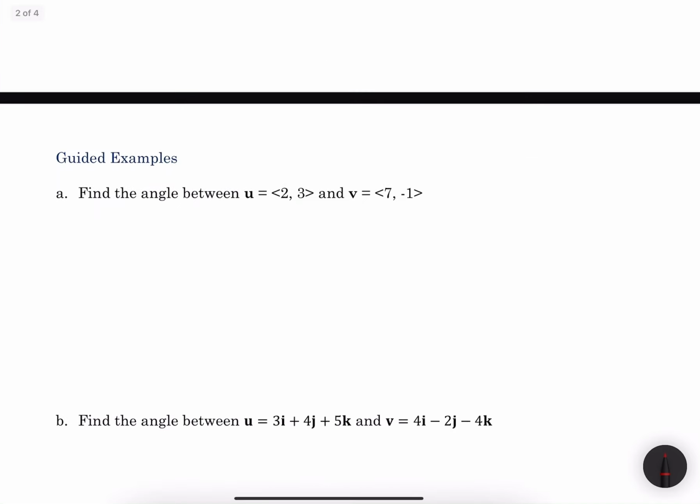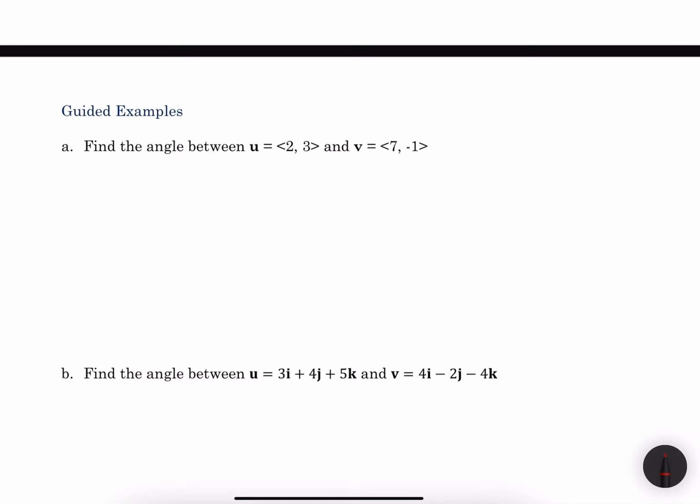So for our first example, we have two vectors in R2, and we want to find the angle between the two of them. So first, we can calculate our dot product straight out. So we'll have u times v, that is equal to 2 times 7 plus 3 times -1. So that is 11.